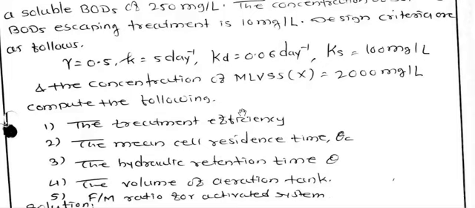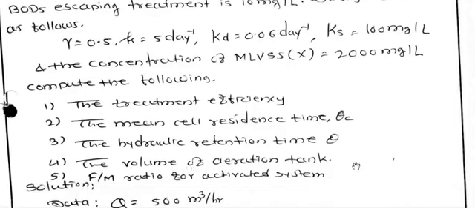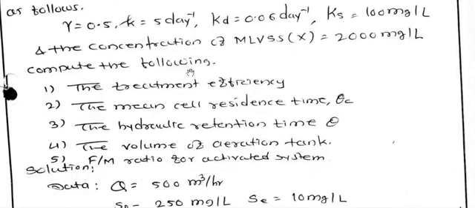After that, the mean cell residence time, that is theta c, then the hydraulic retention time, that is theta, HRT, and the volume of the aeration tank, V. The fifth one is the F by M ratio.